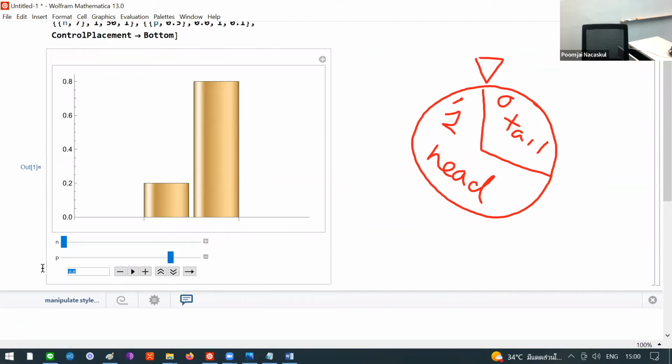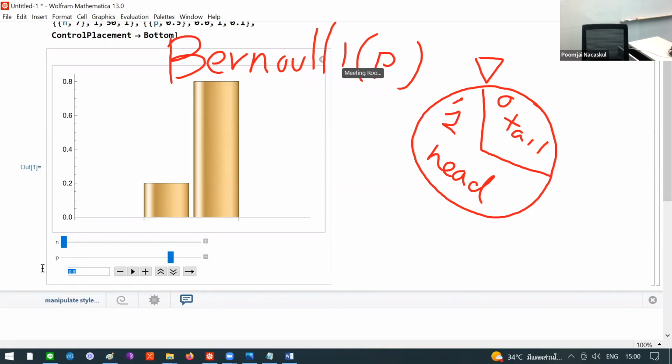So what is the most basic randomness? When you have two things happening, and you're not sure which is going to happen, with certain probability. This thing here is called Bernoulli P. P is the size of the roulette relative to the whole thing, which is 360 degrees.